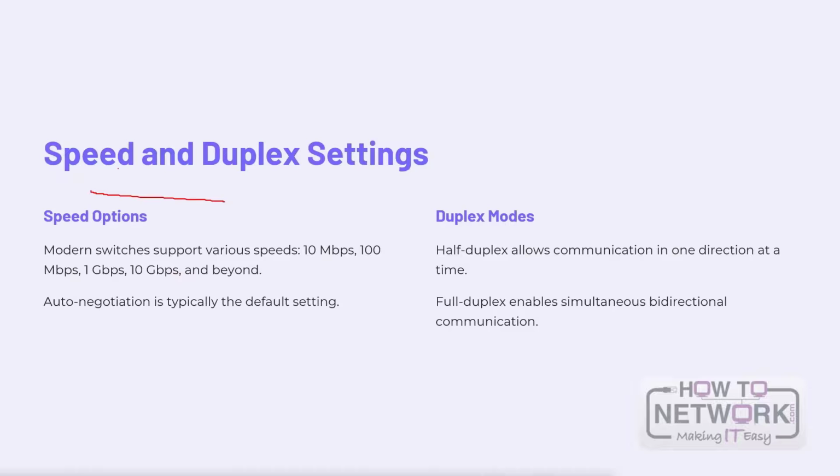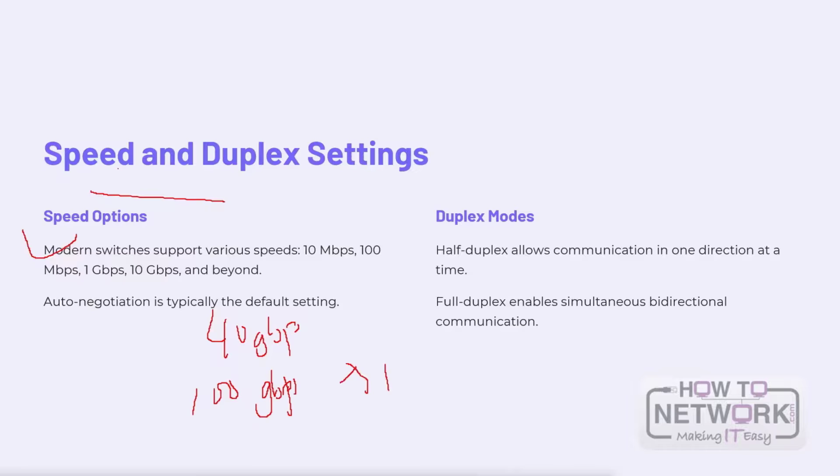Another concept is speed and duplex settings. Modern switches support various speeds like 10, 100 Mbps, 1 Gbps, 10 Gbps. Now there are devices in the data center which can run at 40 Gbps or 100 Gbps.